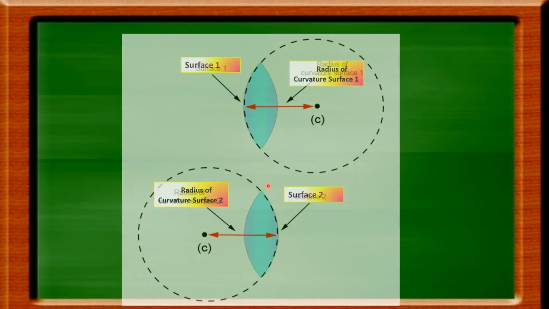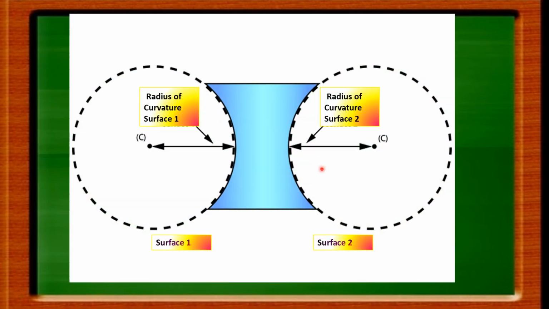You can understand the radius of curvature. For the concave lens also, I am showing you the radius of curvature. See here. This is the concave lens, biconcave lens or double concave lens. Here the two spherical surfaces are curved inward. Take the first surface. The first curved surface is part of this sphere.